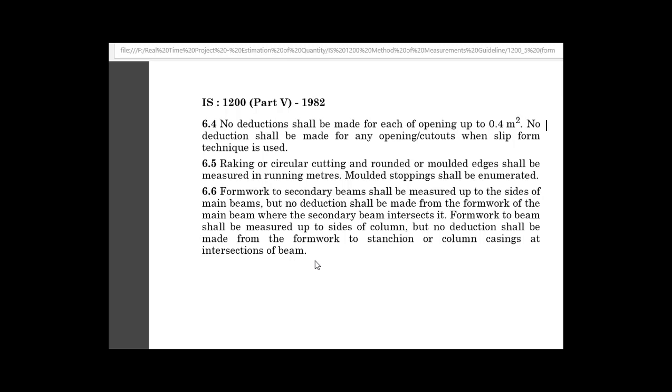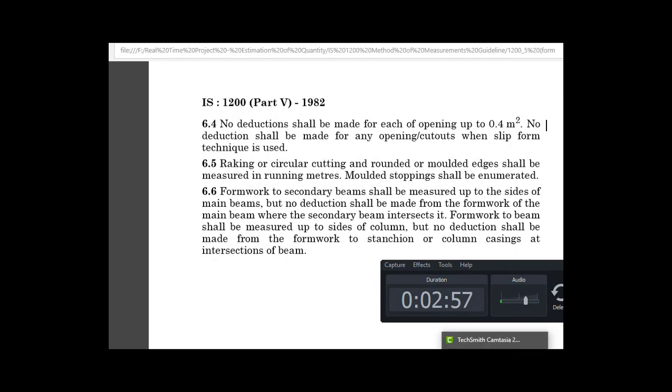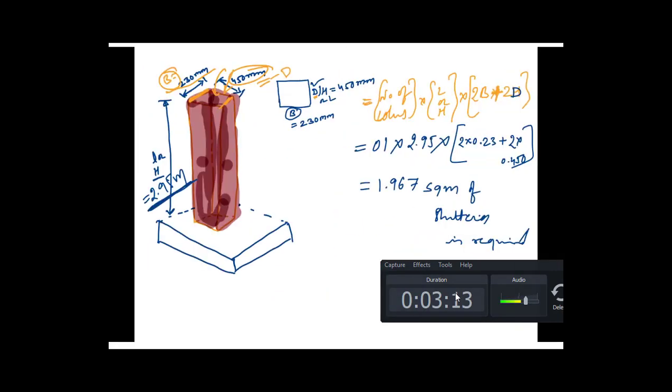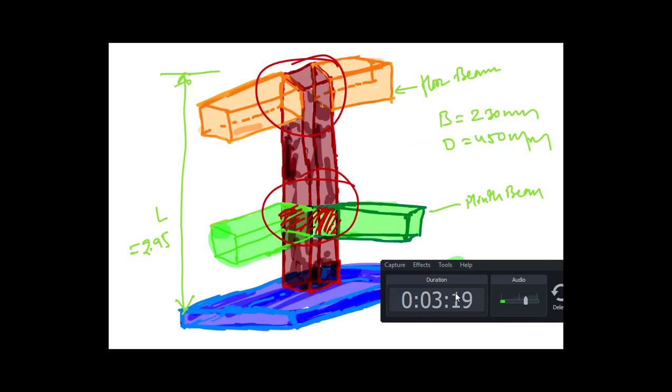So in that case, if I consider this length as again 2.95 and breadth as 230 mm and depth as 450 mm, here again the shuttering quantity of this column will be the same as that of the previous column, that is 1.967, because we are not deducting any area which is covered by these intersecting beams.